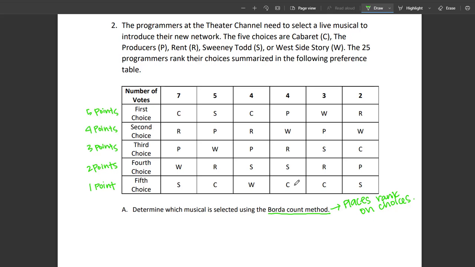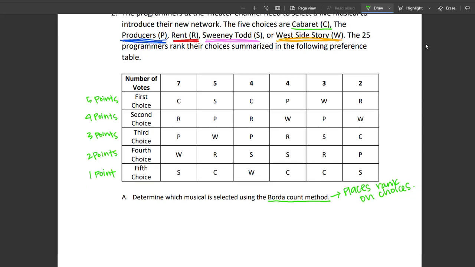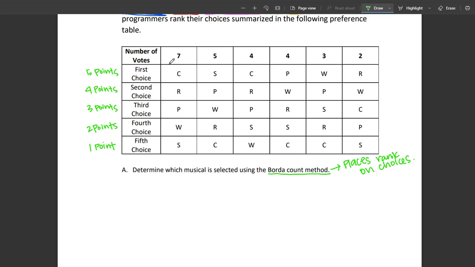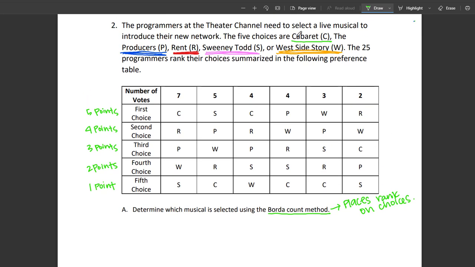So fourth will get 2 points, third will get 3 points. So it says the programmers at a theater channel need to select a live musical to introduce their new network. We have 5 choices. So how we are going to do this, we are just going to take our musicals and add up the points from all of these votes. So let's start with Cabaret. That's our first one right here. So I'm going to circle where all of our C's are because the C represents Cabaret.